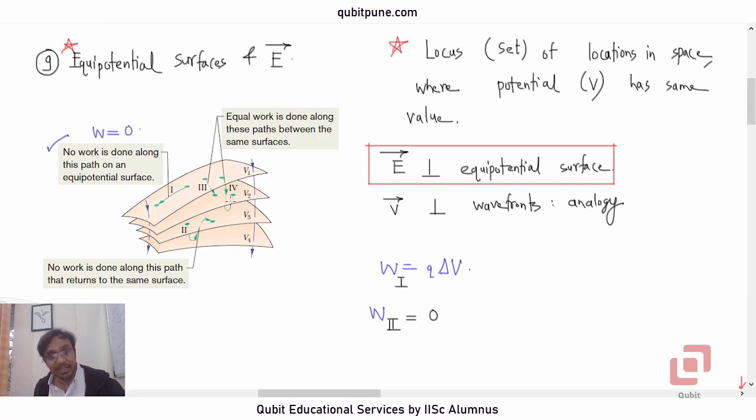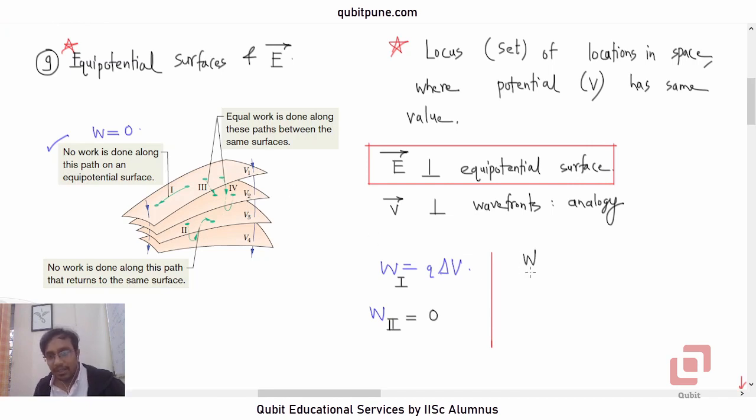Because it is path independent, right? And the other consequence of this is that because the work done is path independent, because the electric force is a conservative force, if you follow two different paths which start at the same equipotential surface and which end at the same equipotential surface, in this case V1 and V2, then equal work is done.